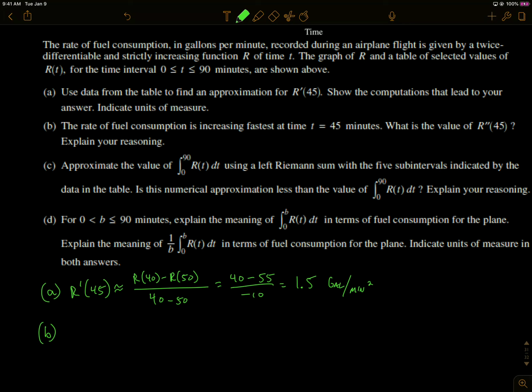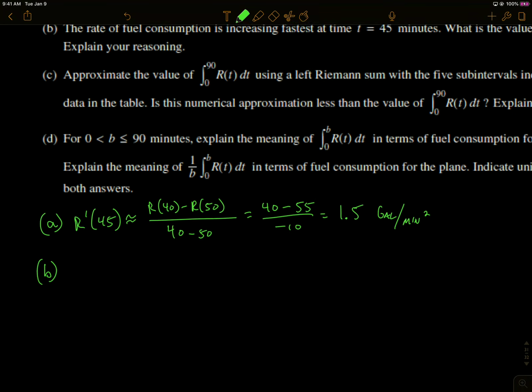So I guess what we would say here is that r double prime at that point would be equal to 0, because if r is increasing the fastest, that means r prime has a maximum.